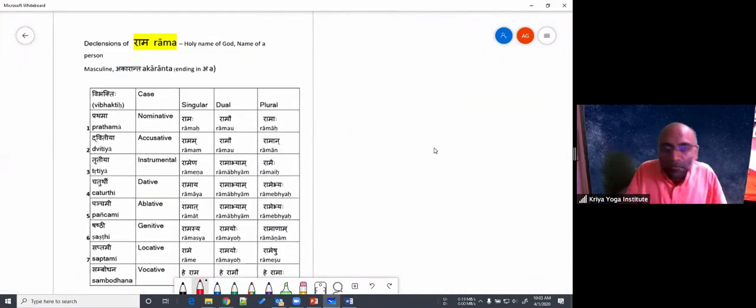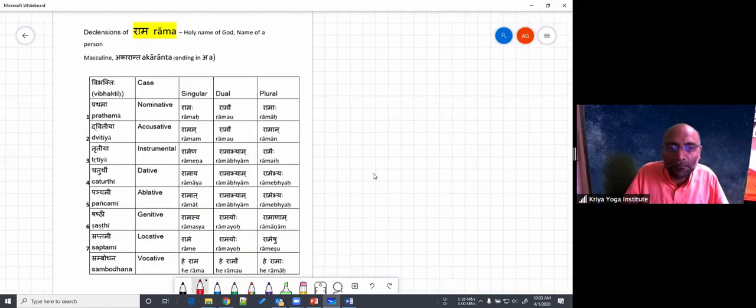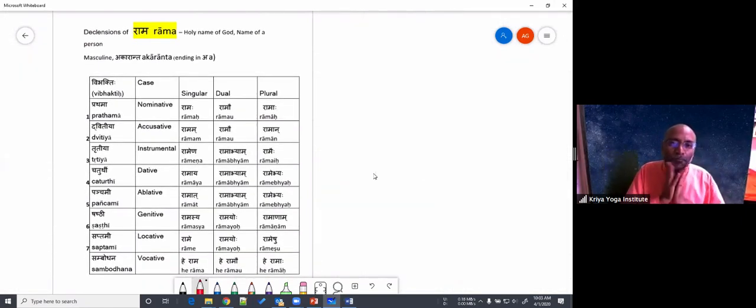Okay, so we discussed the nominal forms and verb forms. This is a snapshot of how the nominal forms look. We have taken a noun called Rama. Its meaning is the holy name of God.